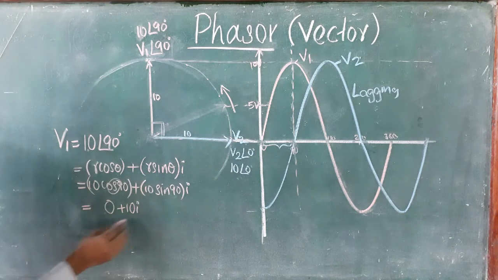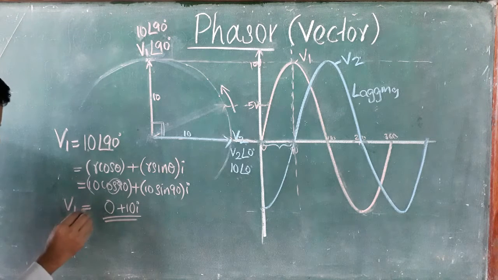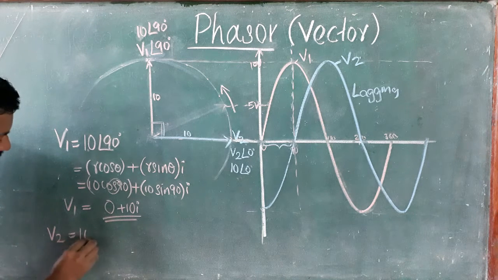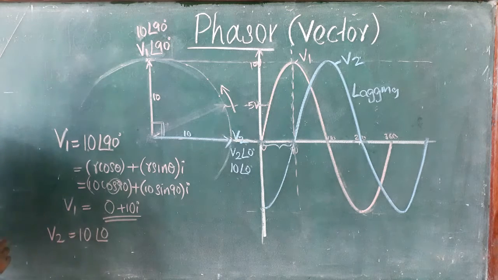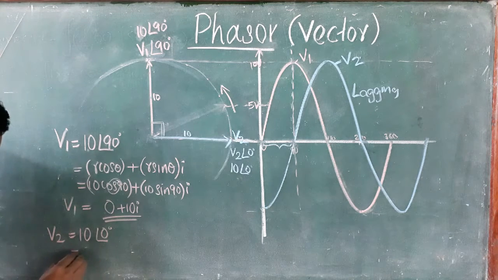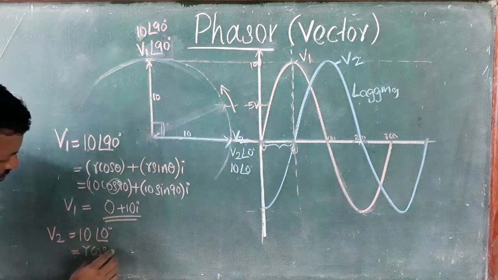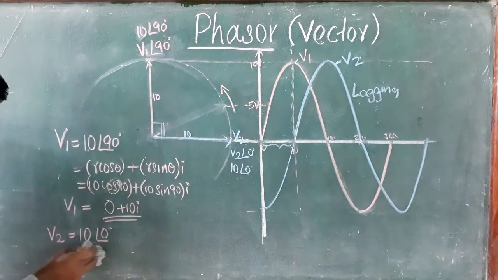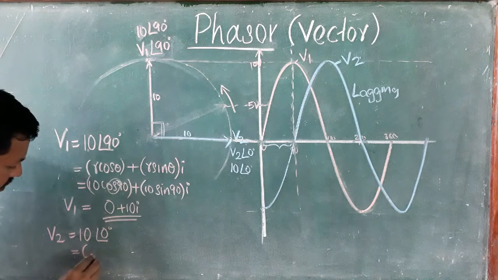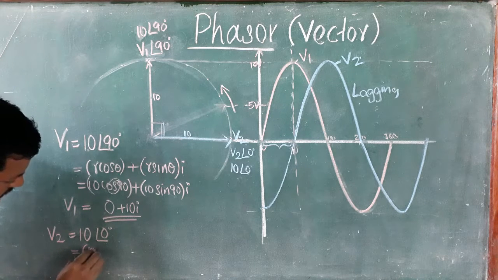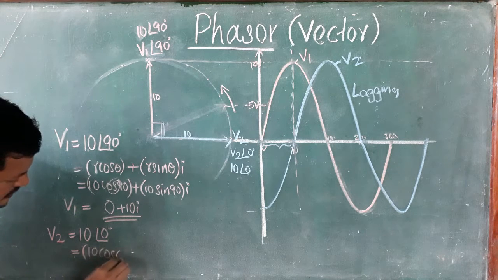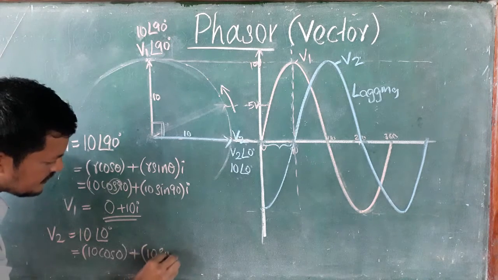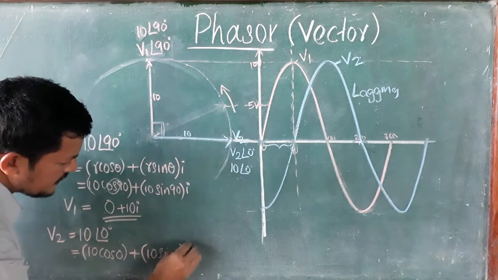Similarly, I am converting V2, which is 10 at an angle of 0 degrees. There is no space, so I am directly writing the value. Its real part is 10 cos 0 plus 10 sin 0 i.